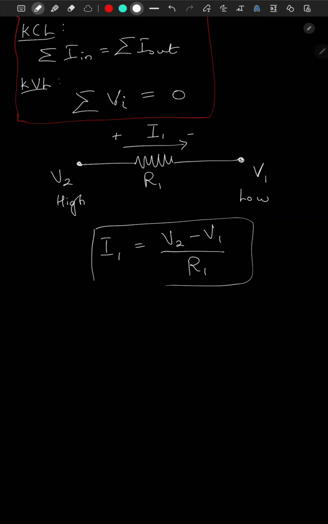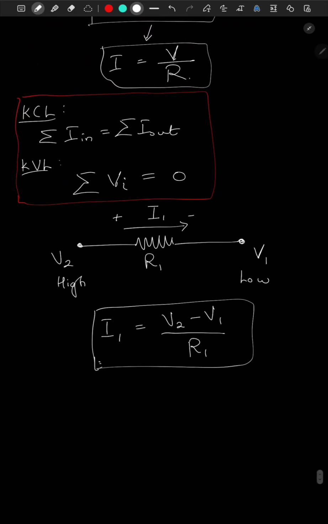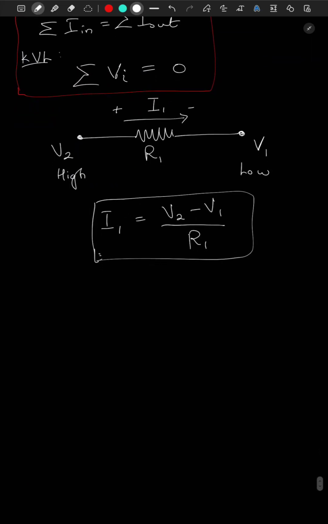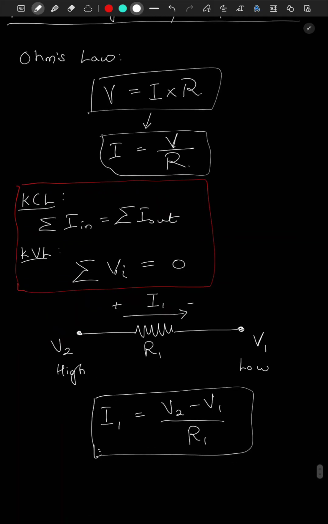So we can write the current I1 as V2 minus V1 divided by R1. Okay, this will be applicable in node voltage analysis.